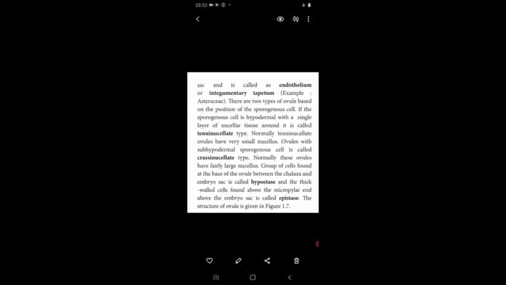So what is a sporogenous cell? A mass of cells which afterwards act as the microspore mother cell and megaspore mother cell is named the sporogenous cell. In some plants, this sporogenous cell is hypodermal in position with a single layer of nucellar tissue around it, called tenuinucellate.